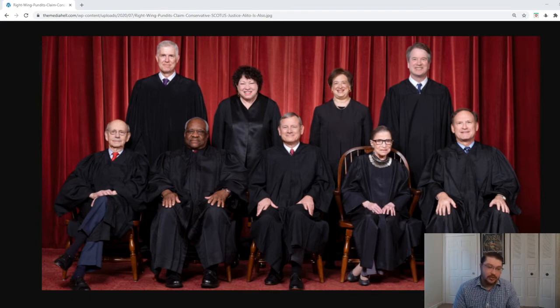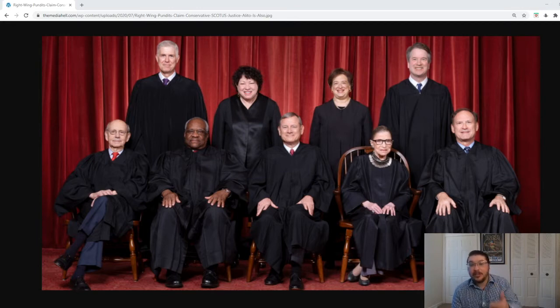For example, somebody who looks at the original meaning will comb through historical texts to find what the actual wording meant at the time of certain phrases and all of that, as well as the writings of the people who wrote that section of the Constitution.